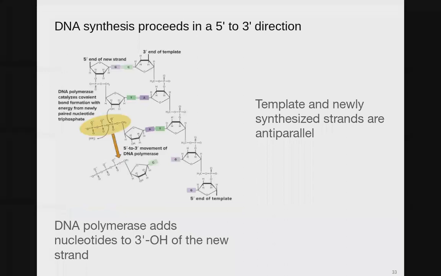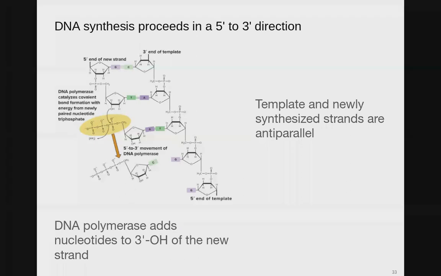So let's take a peek at this. We have DNA replication now. DNA replication, as you remember, always proceeds in a 5' to 3' direction. That's the only way DNA replication can happen. Now, what does that mean practically?